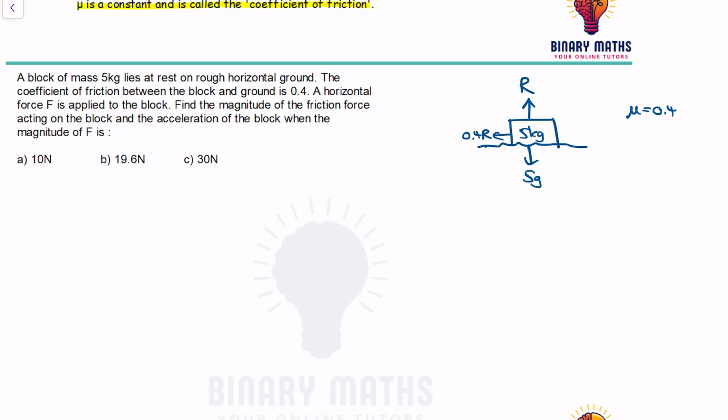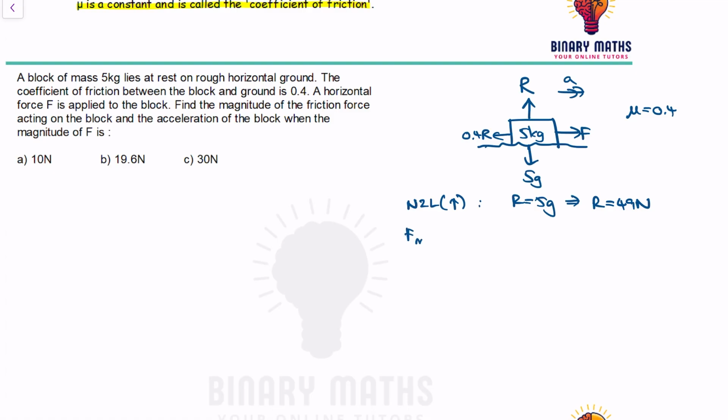Our horizontal force F is applied to the block. So F going this way. Find the magnitude of the friction acting on the block and the acceleration of the block when the magnitude of F is 10. So we've got acceleration here. Okay, so if we apply Newton's second law vertically, then we do get R is equal to 5g, which implies R is equal to 49 newtons.